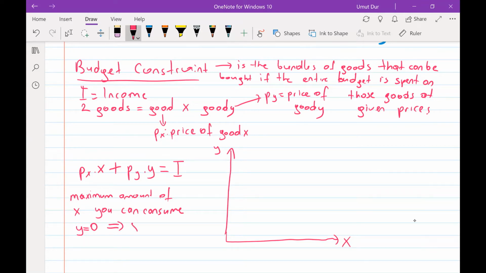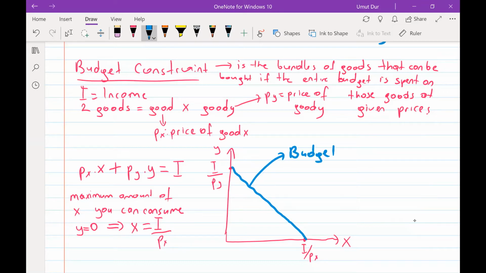So the maximum amount of X that you can consume is I over Px. Similarly, the maximum amount of Y that you can consume is I over Py. Then the budget line, the budget constraint, will be the line connecting those two extreme points. This is the budget constraint, which is also known as the budget line.